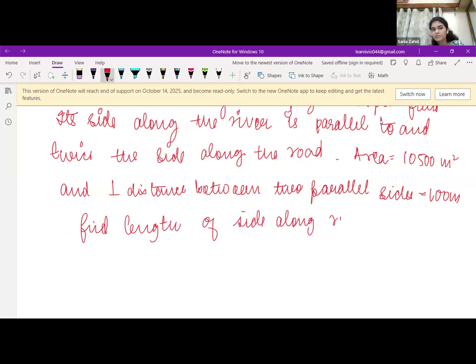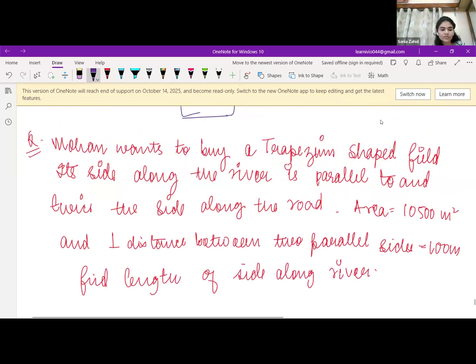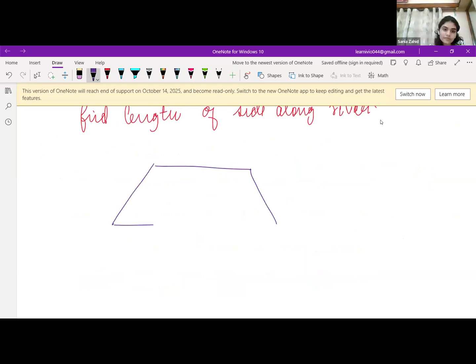Look very carefully. What do we have to do over here? It's given to us that Mohan wants to buy a trapezium shaped field and its side along the river is parallel to and twice the side along the road. So that means there is a trapezium shaped field, something like this. First of all, one side there is river, the other side there is road.